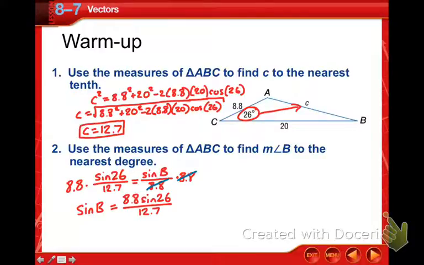Now, because again we're trying to find an angle, we're going to use our inverse sine. So sine inverse, or arc sine in Desmos, 8.8 sine of 26 over 12.7. That's equal to B. And again, if you enter it into Desmos exactly how I have it, or a TI calculator for that matter, it's going to follow order of operations, so you can type it in exactly how I have it there.